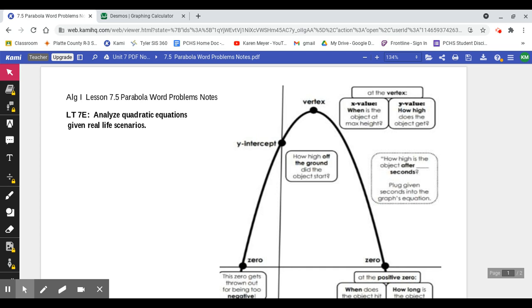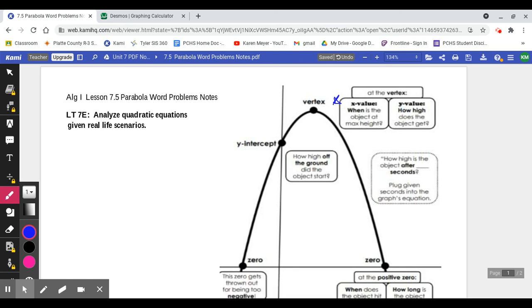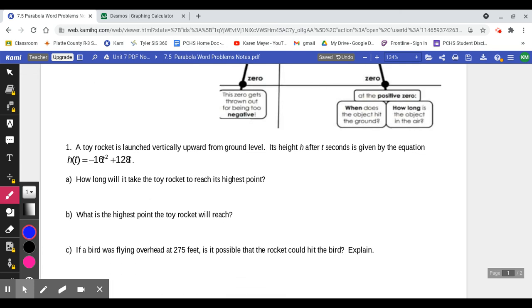Next to the x value, it says that is when is the object at the max height. So if I ask for when is it or how long it will take, that is the x value of the vertex. So x value of the vertex is what we normally call line of symmetry.